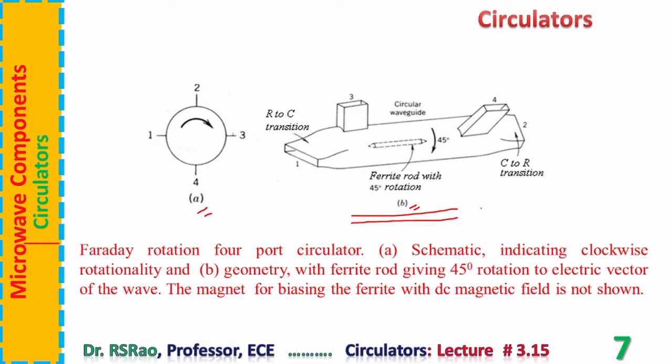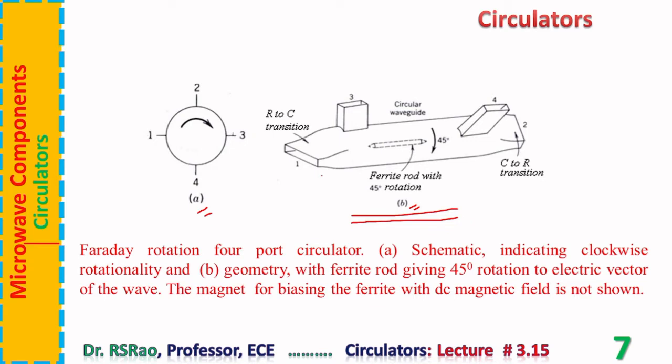If the structures are not compatible, then the wave can neither enter nor travel in the guide, nor sustain in the guide. This aspect has to be kept in mind. Only then can one understand the functioning of devices like the Faraday rotation circulator.